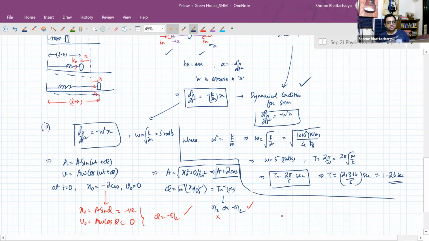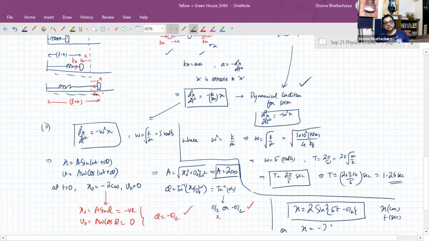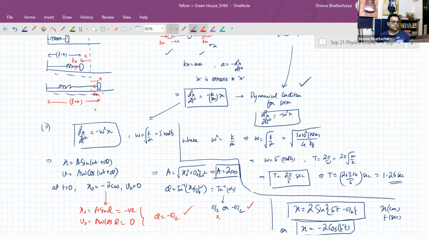So our x as a function of time will become 2 sine 5t minus pi by 2, where x is in centimeters, t is in seconds. Or we can therefore also write x as minus 2 cos 5t. And from that we can also see all these things.